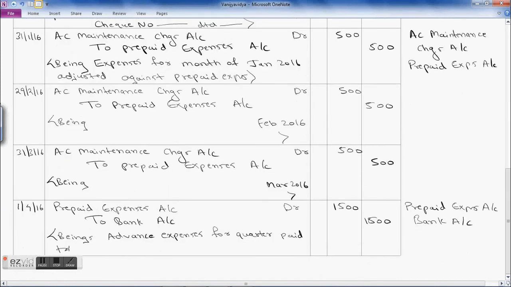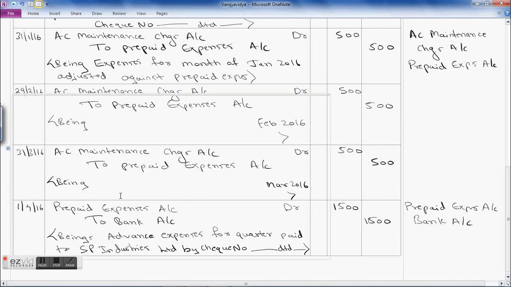I think it's SP Industries, right? SP Industries Limited, by check number so and so, dated so and so.